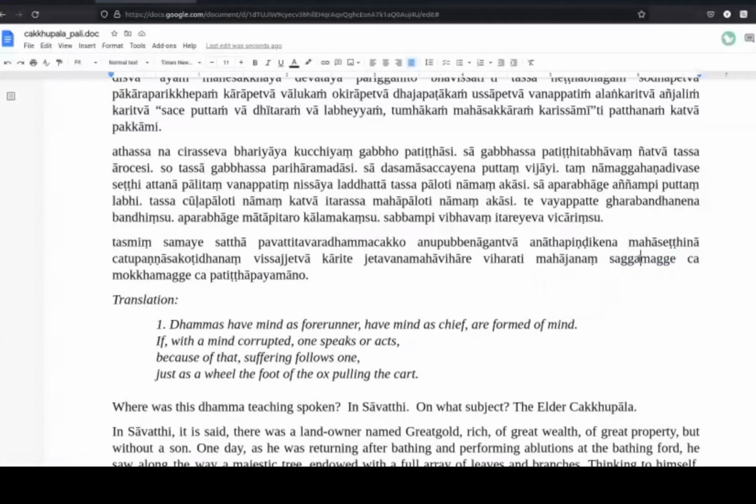Magga means path, so in the path to Sagga and in the path to Moksha. Sagga means heaven, Moksha means liberation.